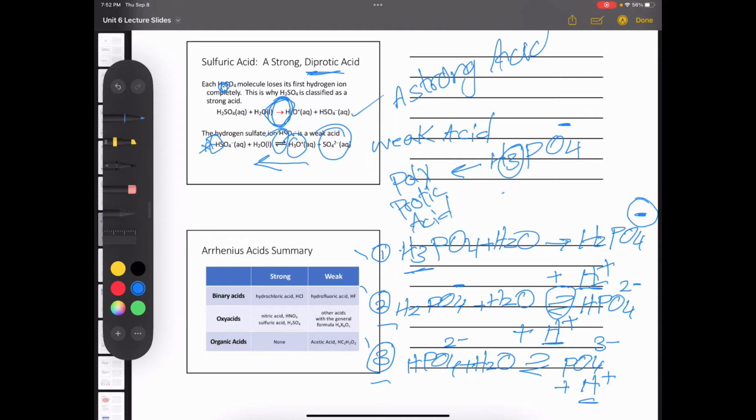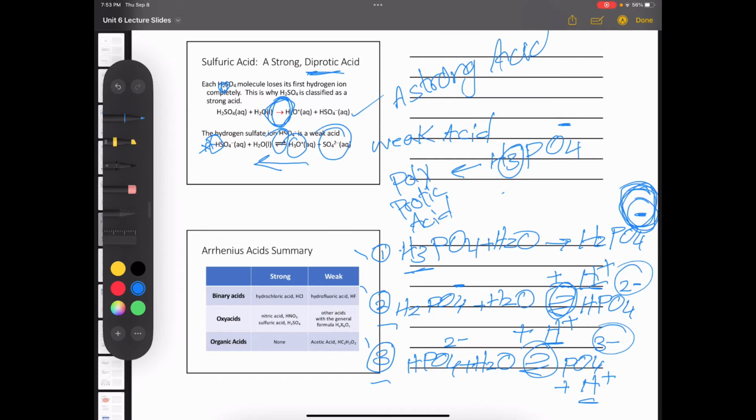Every time you go through a dissociation reaction and lose a proton, make sure that you're displaying and calculating the correct charge over the polyatomic ions, like the negative here, the -2 and the -3. When it comes to the second and third deprotonation, make sure to use the reversible arrows to indicate a reversible reaction and also weak acid behavior. Okay.